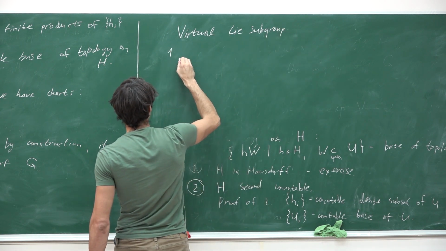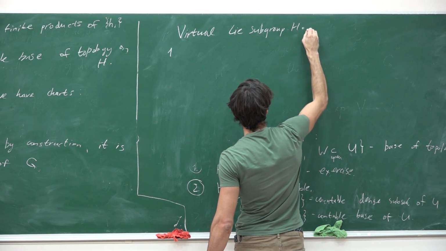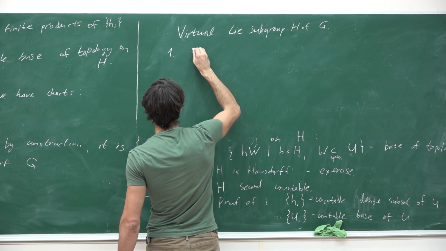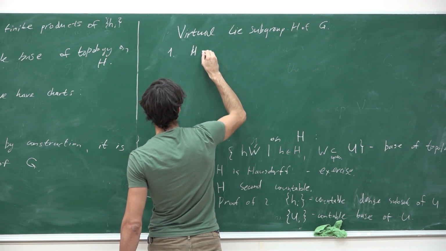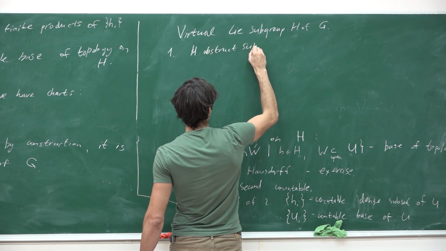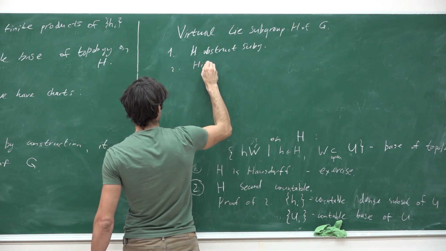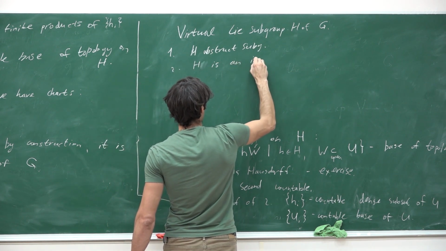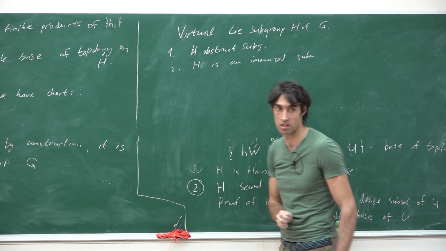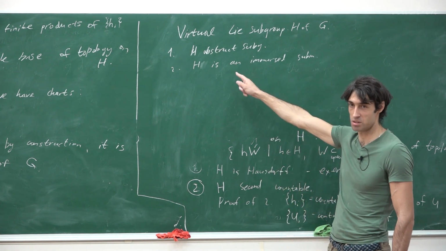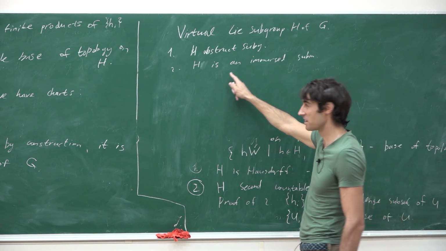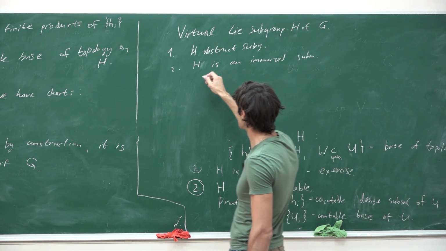it should be first, well, a subgroup H of G, right? H is just an abstract subgroup, and H is an immersed submanifold. Yes, so this is not correct.